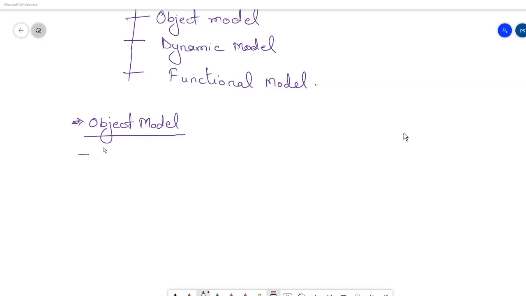The object model represents static and stable phenomena of the modeled domain. I'll just write these points here.